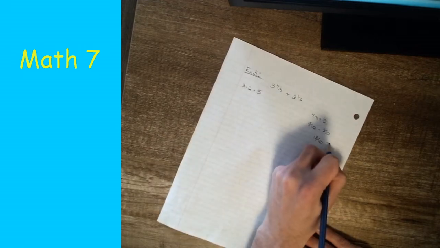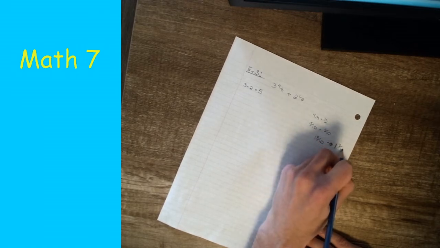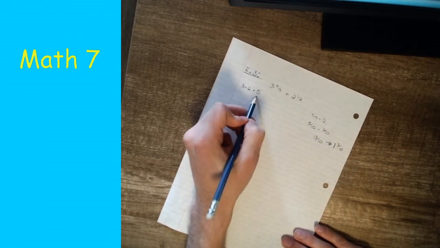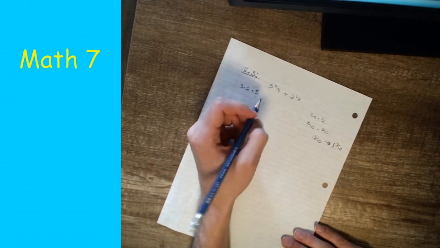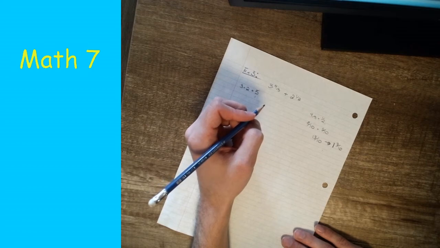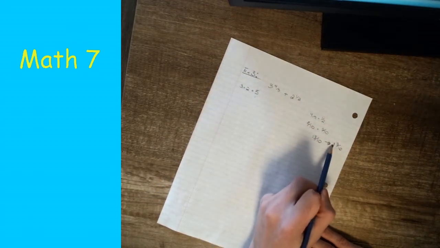Okay, that is 1 3/10. So altogether I have 5, and I have 1 3/10. I hope we understand where the 1 comes from here.